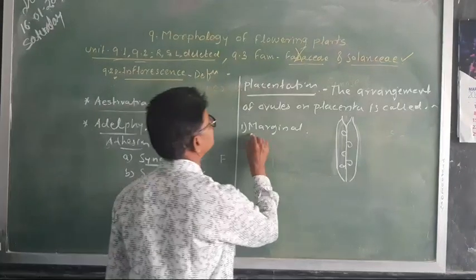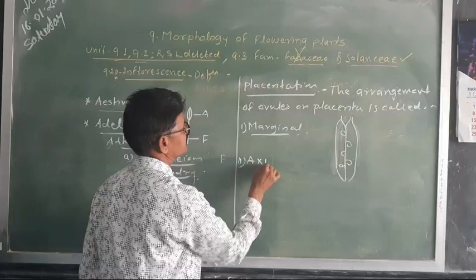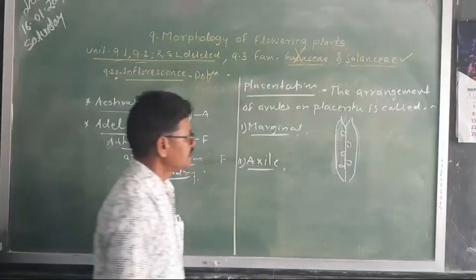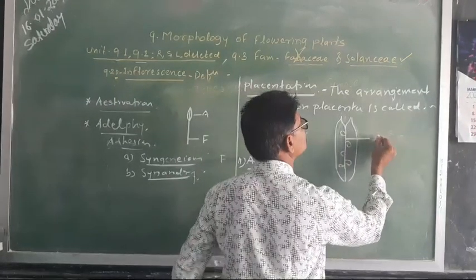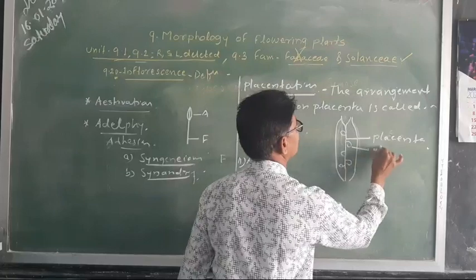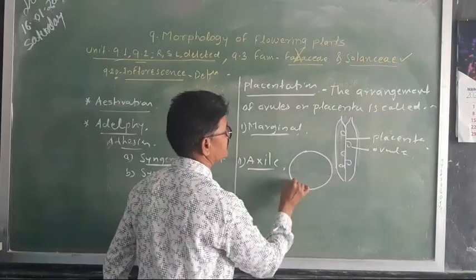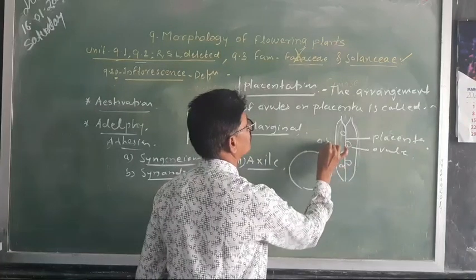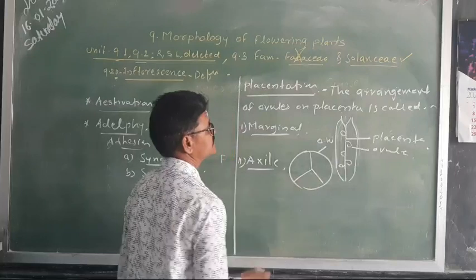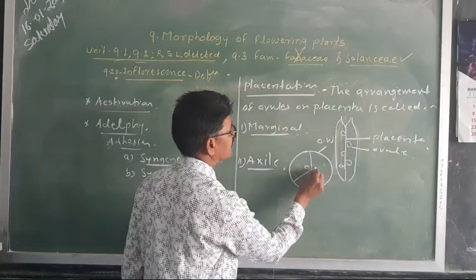Next one is the axile type of placentation. This is the placenta and these are the ovules. In axile placentation, this is the ovary wall and you can form such type of axis, 1, 2, 3, and here the ovules are attached.